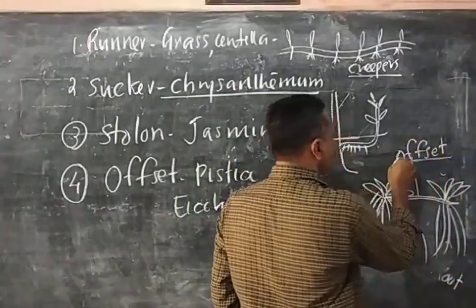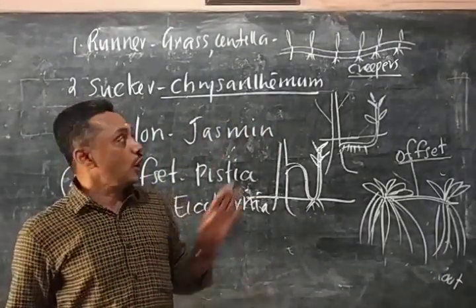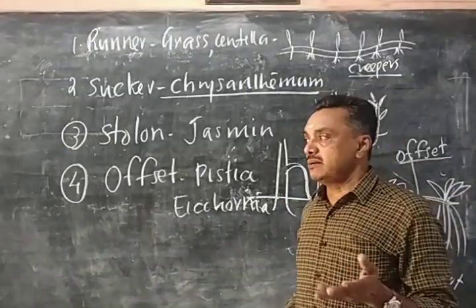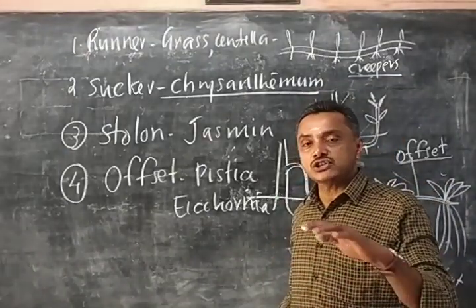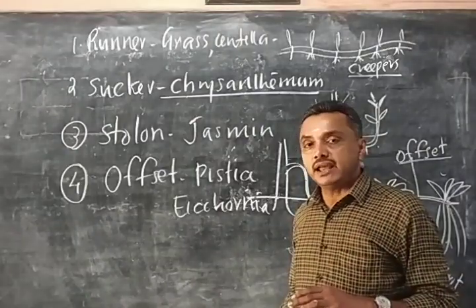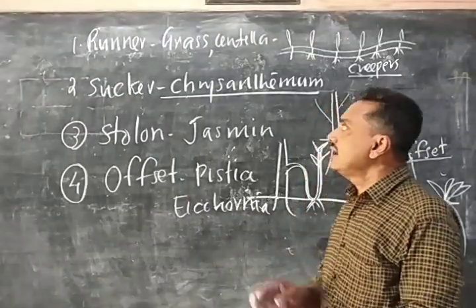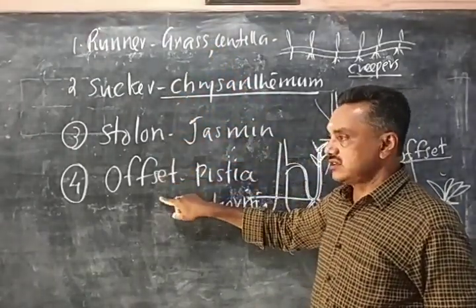A stem with short nodes and internodes is called an offset. These are all four examples of subaerial stem, present below the soil level, growing horizontally on the soil level. Subaerial stems are classified into four categories: runner, sucker, stolon, offset.